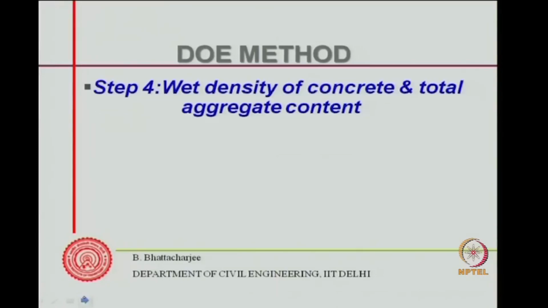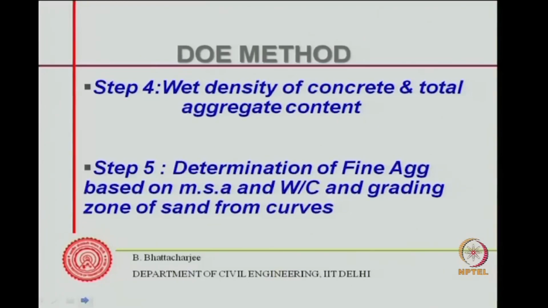Step 4 would be wet density of concrete, that is again from a set of curves, and total aggregate content you can determine then. Step 5 is determination of fine aggregate based on MSA, water to cement ratio and grading zone of sand from a set of curves. So, let me just repeat this. First is target mean strength, same as IS code.